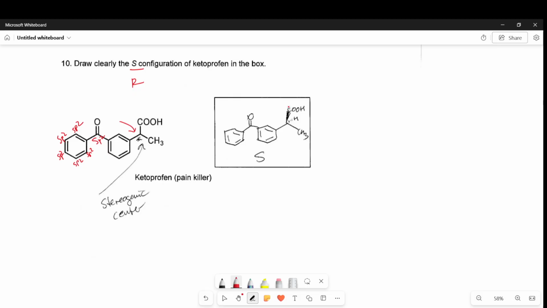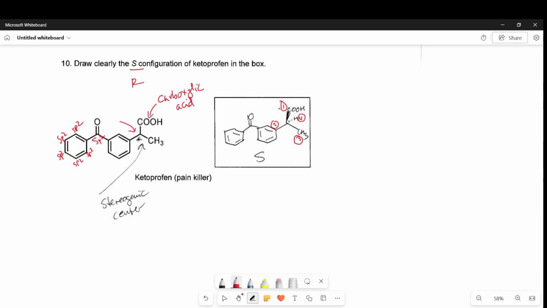If you look here, this is the carboxylic acid functional group, remember that, it is priority number 1. Priority number 2 would be this arm right here, because it's more substituted, heavy atoms. Priority number 3 is this. Priority 4 is at the back, which is the way we want it.